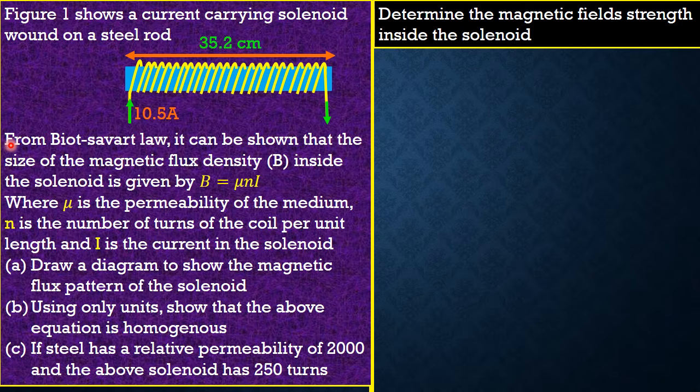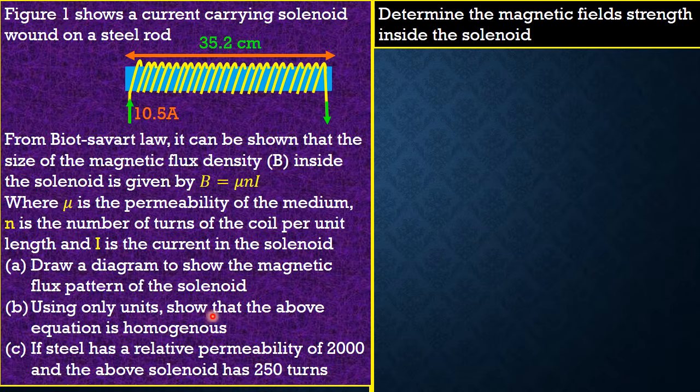Now they're saying that from Biot-Savart's law, it can be shown that the size of the magnetic flux density B inside the solenoid is given by B equals mu N I, where mu is the permeability of the medium, N is the number of turns of the coil per unit length, and I is the current in the solenoid. Now (a), draw a diagram to show the magnetic flux pattern of the solenoid.